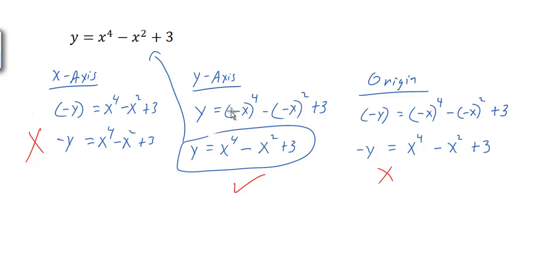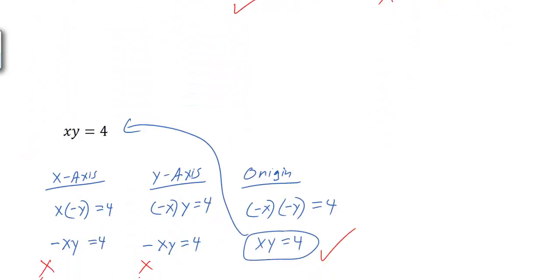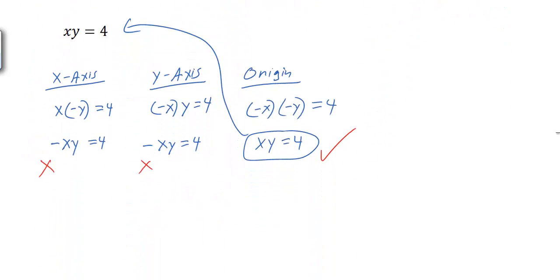So when we plug this negative in, we're raising it to an even power, and therefore it's not going to change the sign of the problem, so you would end up with the exact same equation. So therefore it's symmetric with the y-axis. And then of course for the origin, you're looking at where if you plug in a negative for your x and y, somehow they're going to cancel out. In this case, by multiplying the two negatives together, they become positive so that they equal the original equation.